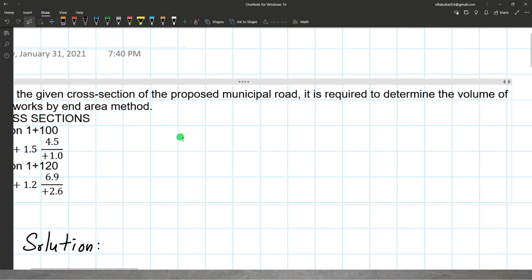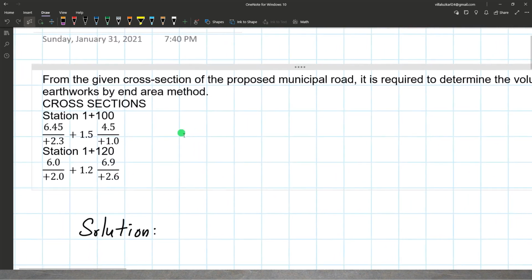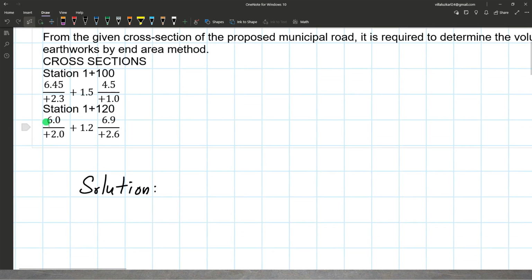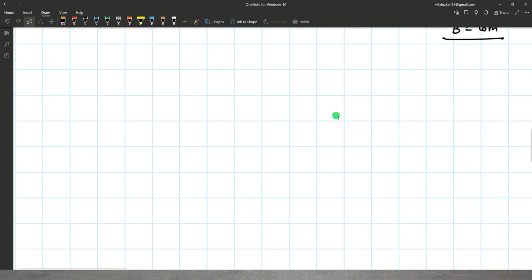So station 1 plus 120, since we already have the road width, we can just simply copy the road width of 3 meters at each lane, then apply this cross section to draw the figure.